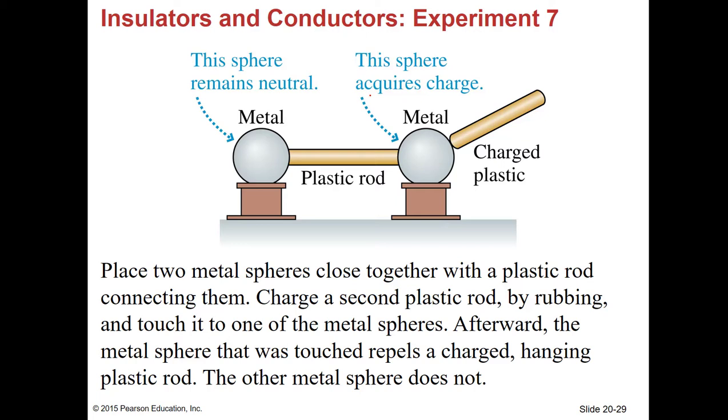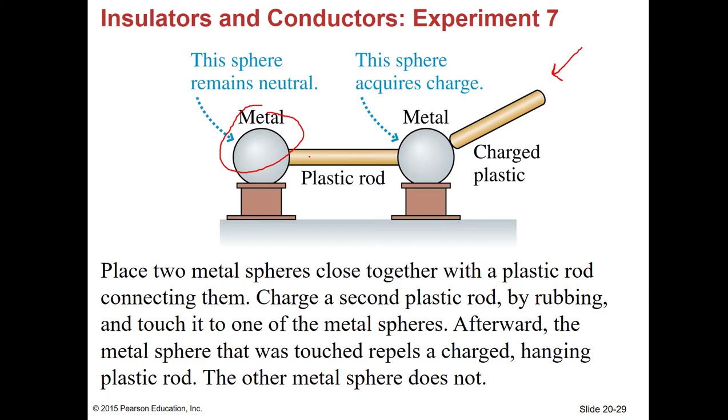Okay, now if you put a plastic rod between the two metals, so in the first scenario here, you touch metal, charge from the rod is going to be transferred to the metal, you give it a place to go. None of it's going to end up on the second one because this is connected with the plastic rod. Electrons can't easily move through plastic.